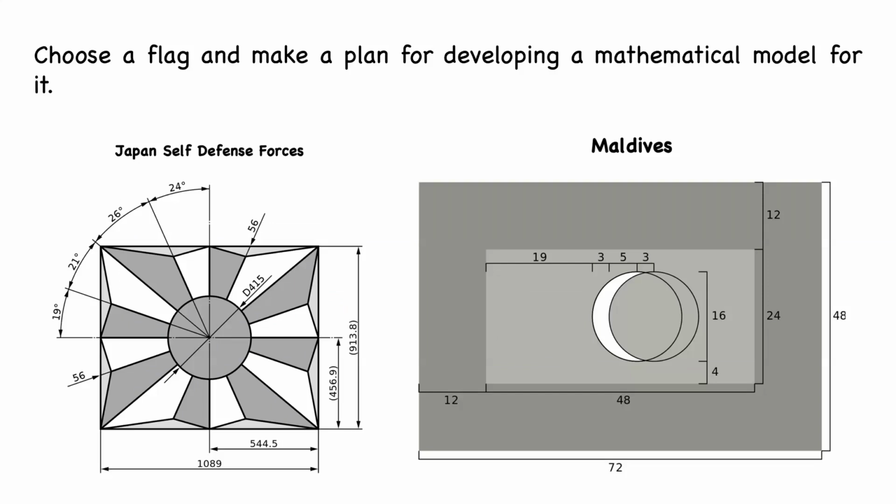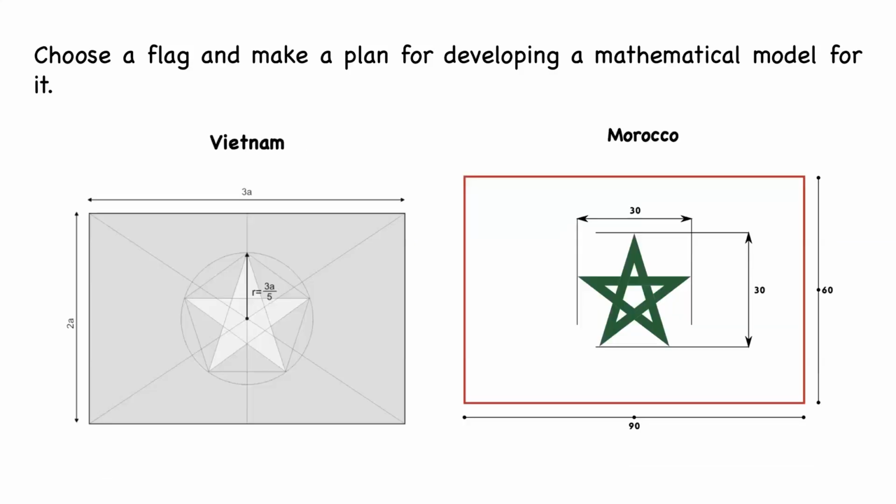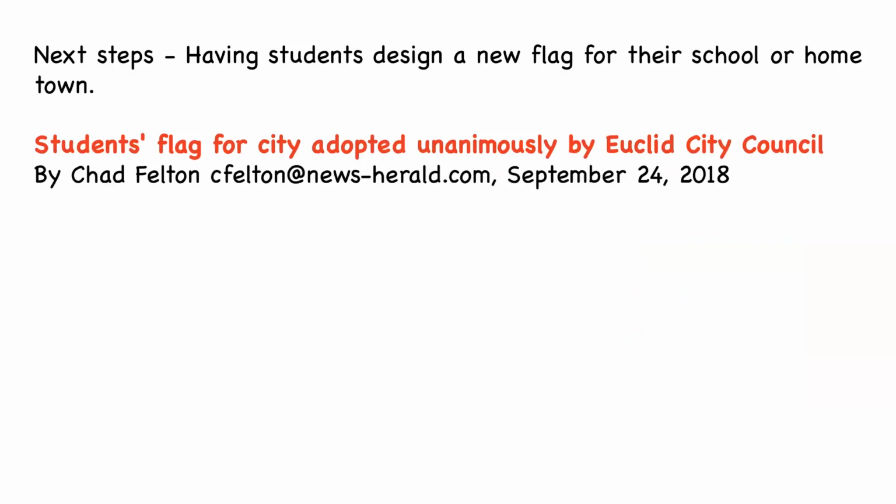The one on the left-hand side looks complicated, but it's straight line segments that you're working with here. Vietnam is also a wonderful one, similar to the work that Ken just did. By the way, it's interesting when you look at flags, the ones that have stars, the ones that don't, and so on.